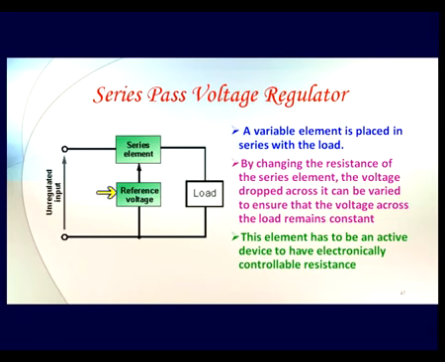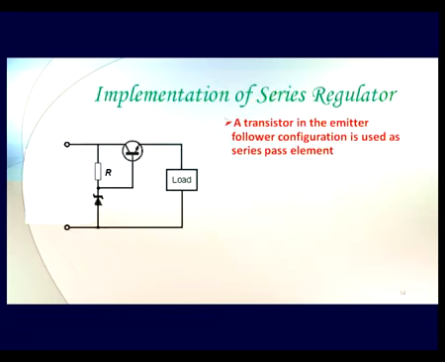Since we want this to be variable and electronically controllable depending on our reference voltage, we need an active device as our series pass element. The first and easiest choice is a transistor, because we can control the voltage across it, VCE, depending on the current flowing through it as well as the base current we supply. So we are using an emitter follower configuration of an NPN transistor as the series pass element, and we give the reference voltage to its base.